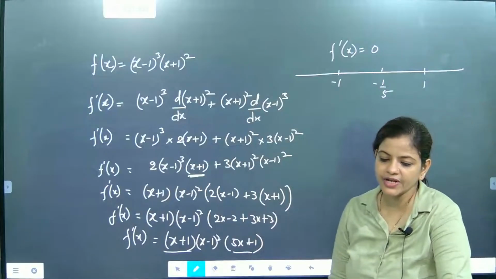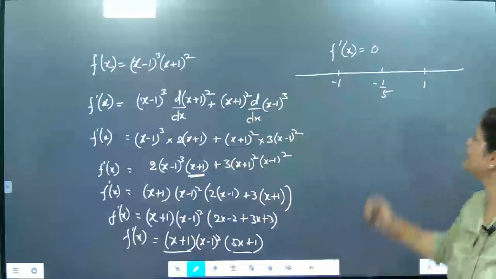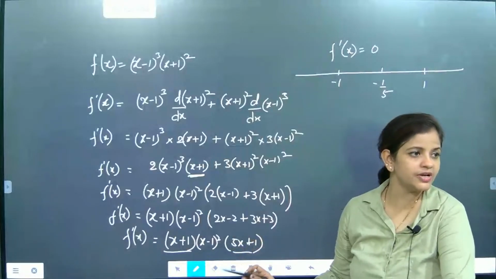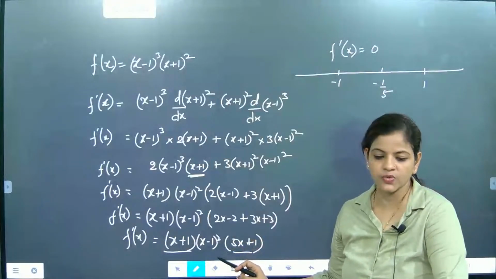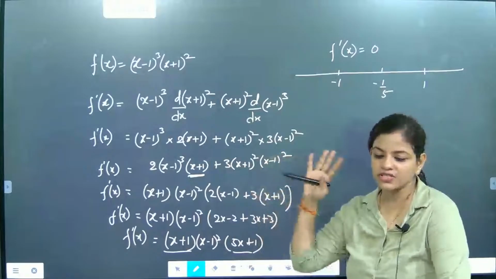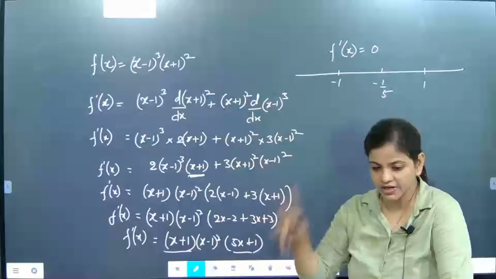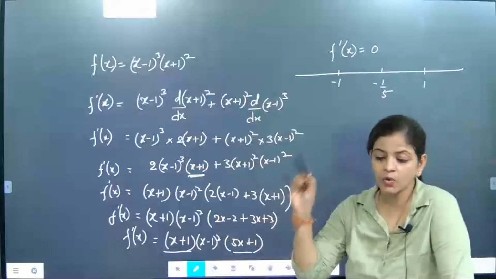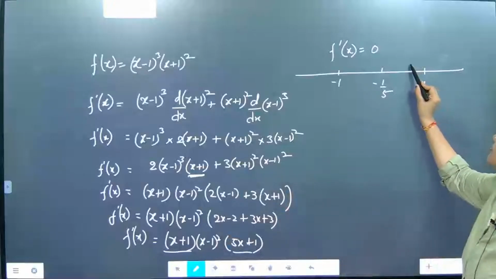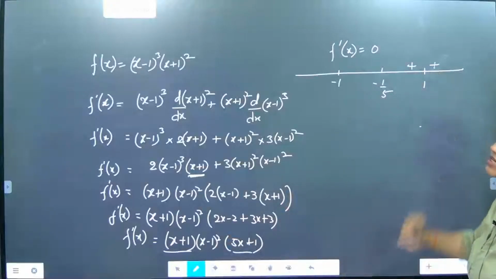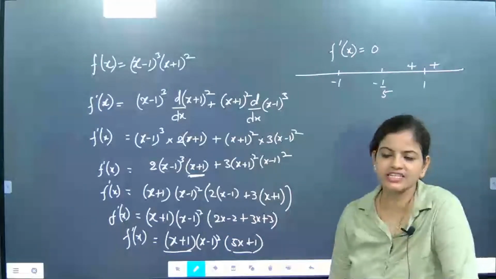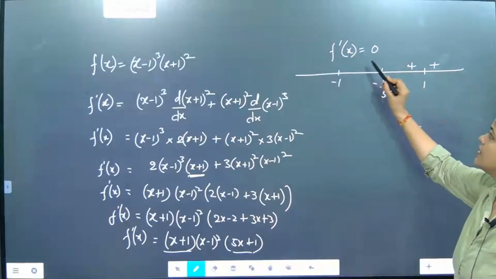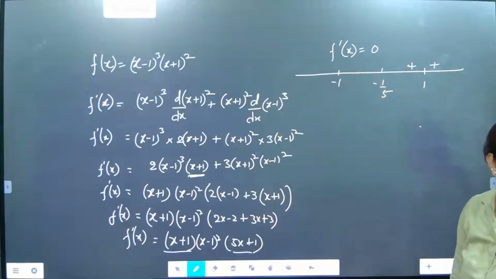Now beta, (x minus 1) whole square is there. Always remember, when (x minus 1) whole square is there, this will become the point of inflection. Left side also plus and right side also plus. Usually we write plus and minus. Understood or not?